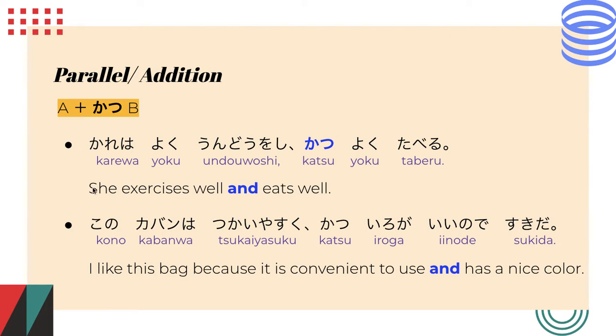I meant he, not she. But 彼はよく運動をし would be the sentence A, which means he exercises well, かつ and eats well, sentence B, よく食べる.